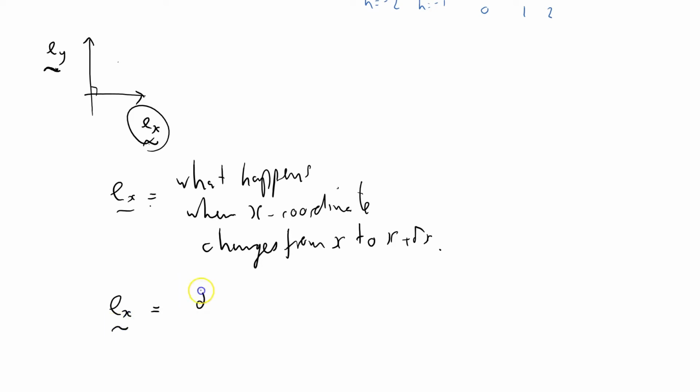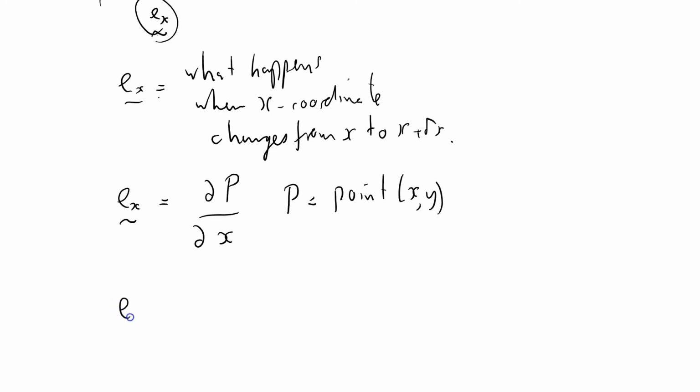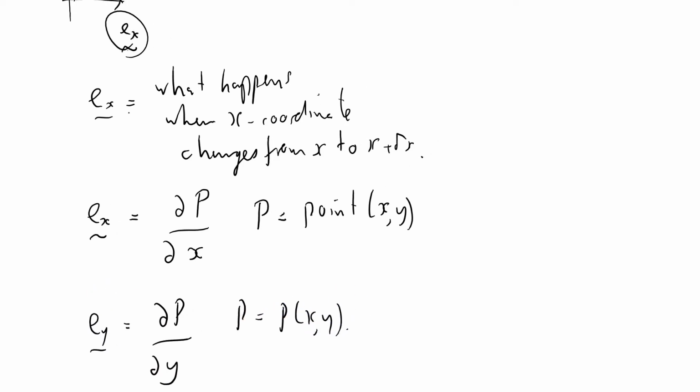That's a way of writing it: del P by del X, where P equals the point defined by coordinates X and Y. So EX is where the point goes when you change the coordinate x a little bit. And of course EY is the same thing: EY equals del P by del Y, where P equals P of x comma y. And that seems to work.